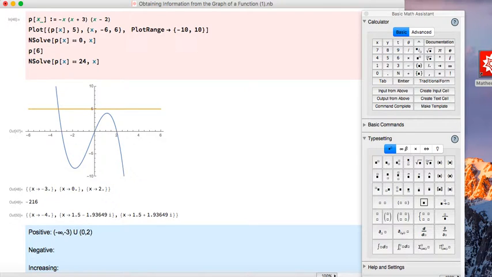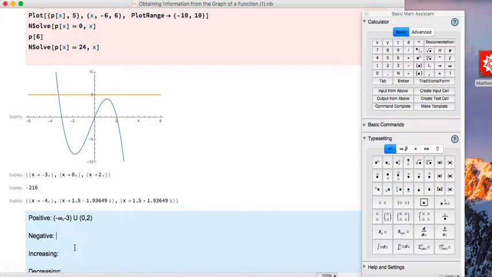Negative is otherwise, where the graph is below the x-axis: from -3 to 0, union 2 to infinity. Those two parts are below the x-axis.